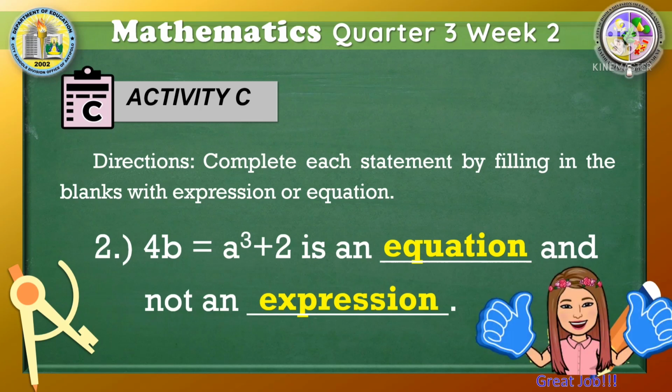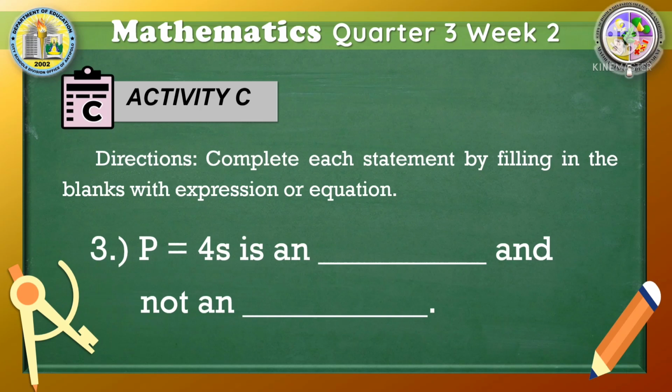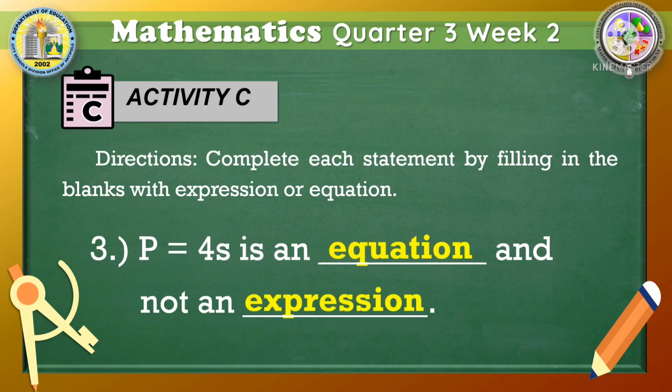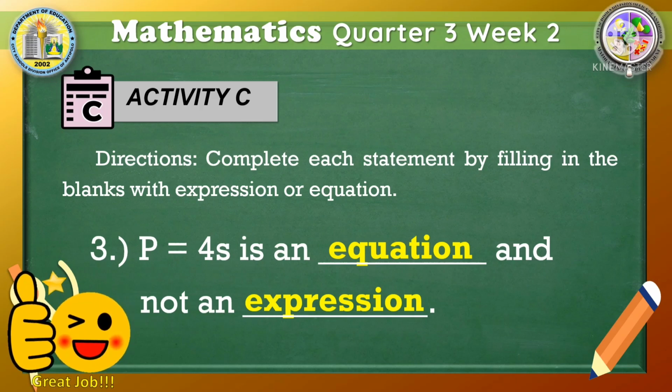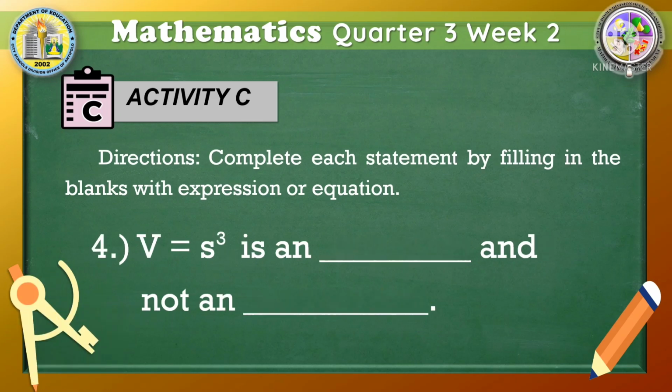For item 3, this is the answer. P is equal to 4s is an equation and not an expression. Did you answer it correctly? Great job! Number 4, here is the answer. V is equal to S cubed is an equation and not an expression.